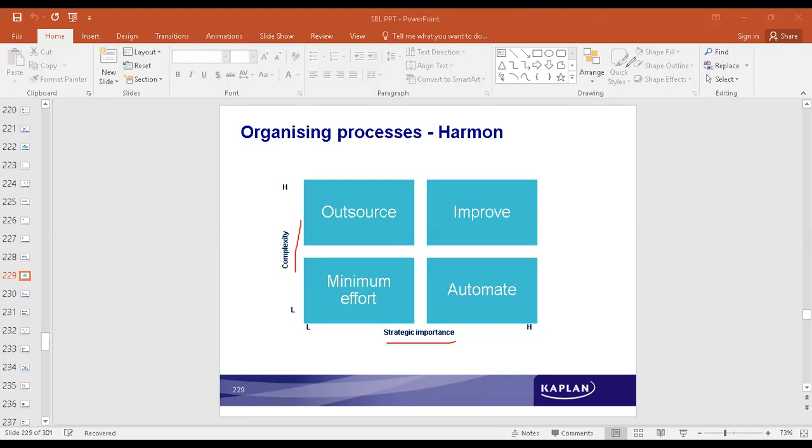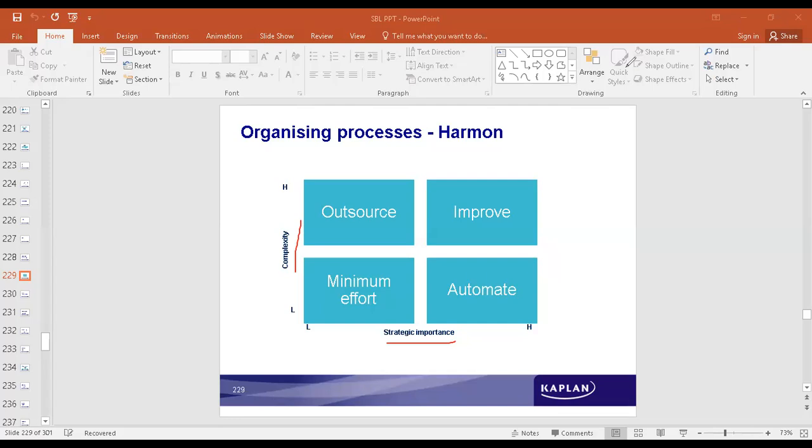If importance is low and complexity is low, minimum effort is required. Importance is low, but complexity is high. So instead of putting all their resources, efforts, time, etc., into the activity, it is thought about outsourcing, so that they can save their resources and time for other things. So that is, outsource it to others.